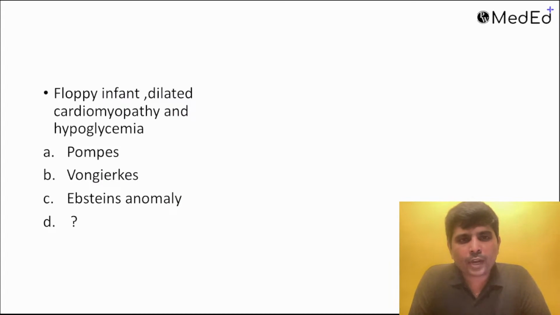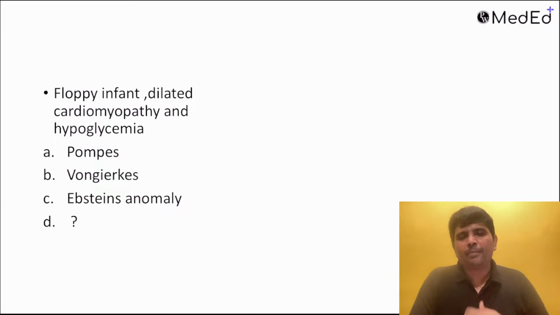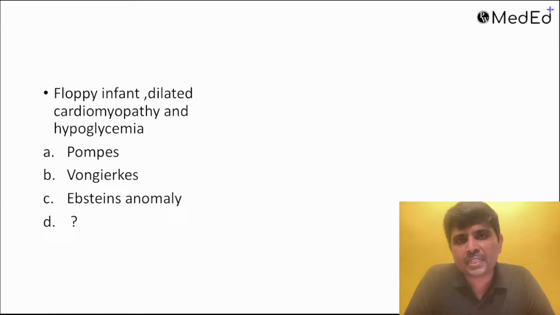Yes. So when you have a floppy infant with dilated cardiomyopathy, along with hepatomegaly and hypoglycemia, it is more in favor of Pompe's disease. Because in Ebstein's anomaly you won't get a floppy infant, but you can get hypoglycemia, hepatomegaly, and rarely cardiomyopathy. Ebstein's anomaly is characterized by a very large heart.